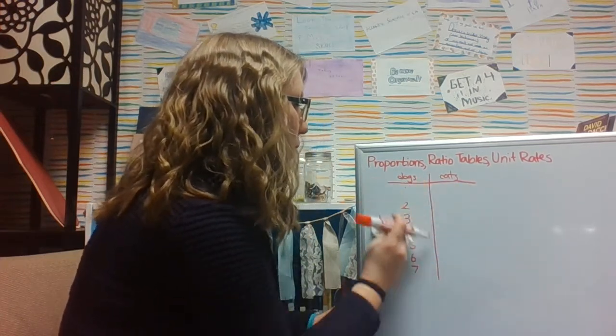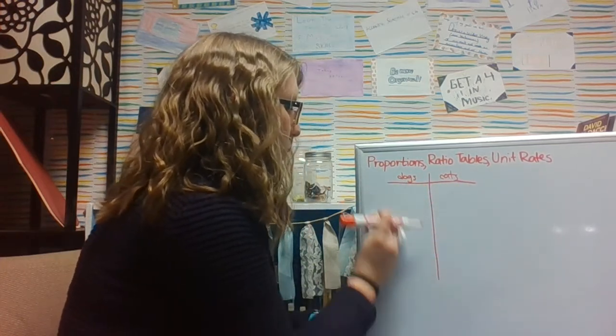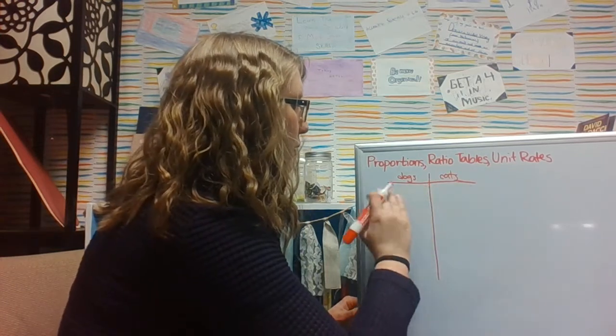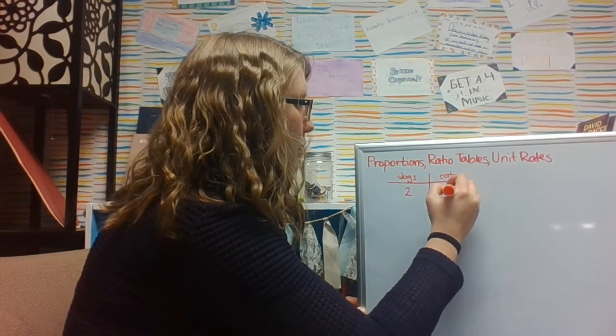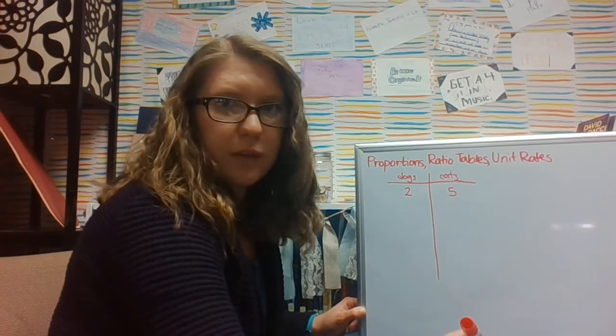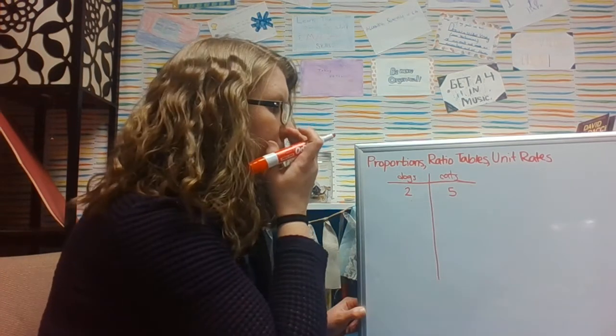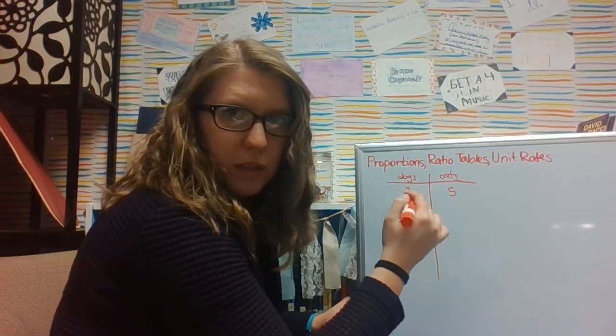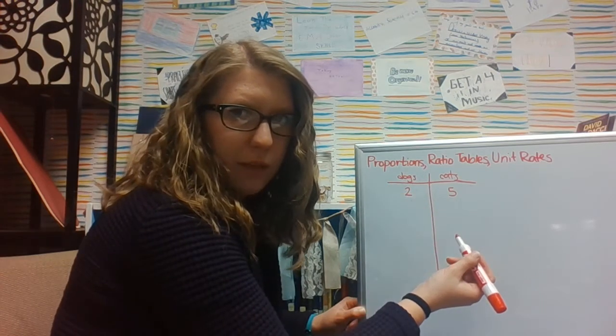What if I have a ratio that's a little bit harder, like 2 to 5. Still not really difficult numbers, but I am going to need to figure out how that works a little differently.